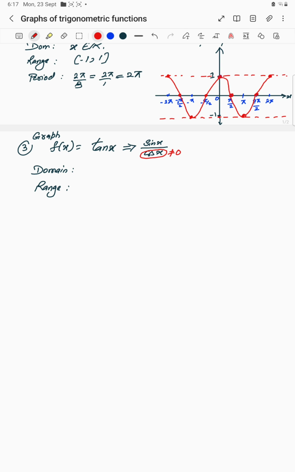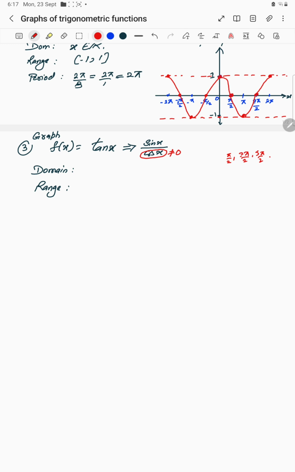So we need to know what values are there to make this denominator 0. Cos is 0 at pi by 2, 3 pi by 2, 5 pi by 2, and so on. It means odd multiples of pi by 2 make this denominator 0.